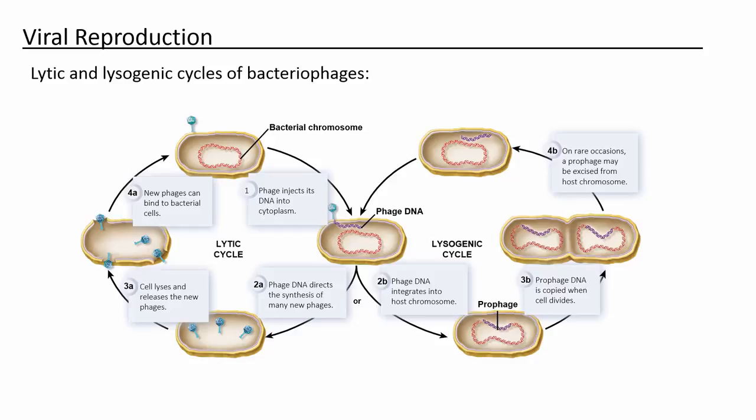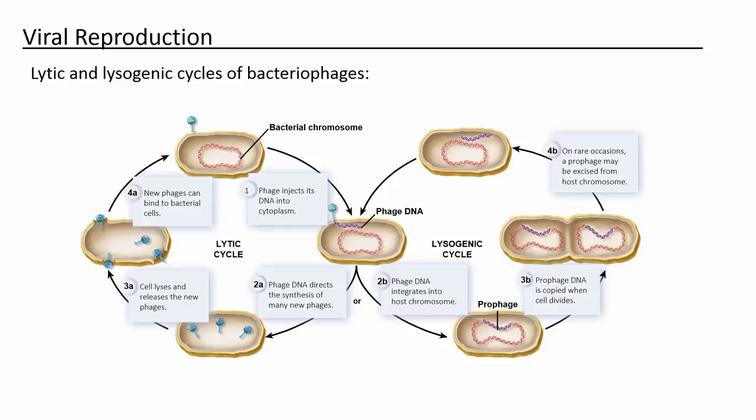So one major difference between the two is that the lytic cycle is the cycle where you actually produce and release new viruses. So in the lytic cycle, you're producing and releasing new viral particles, and the bacteriophage lyses the cell.